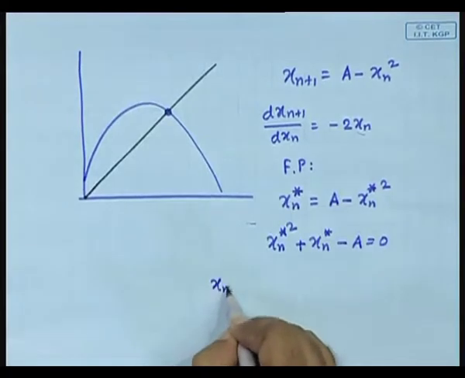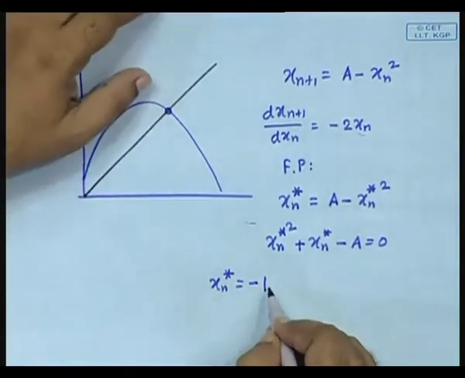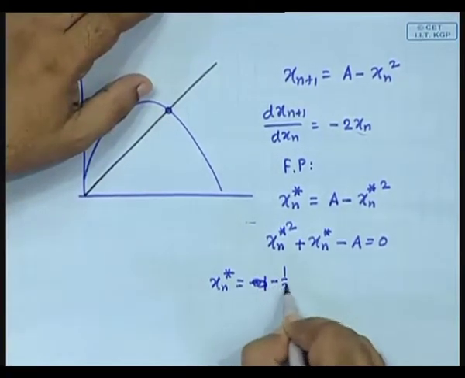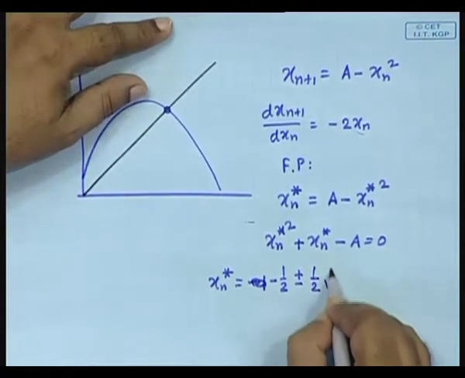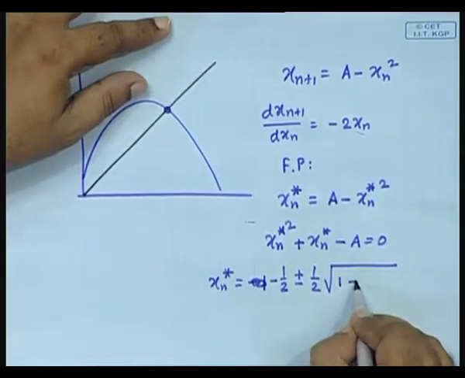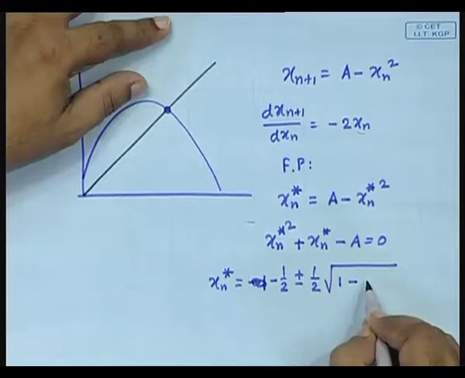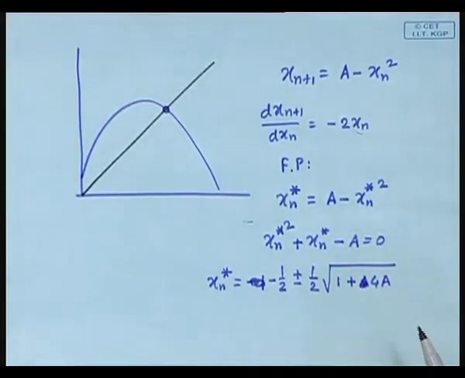So, xn star is equal to minus 1 minus half plus minus half root over 1 plus 4a, right. So, it depends on the value of a. The position of the equilibrium point depends on the value of a.